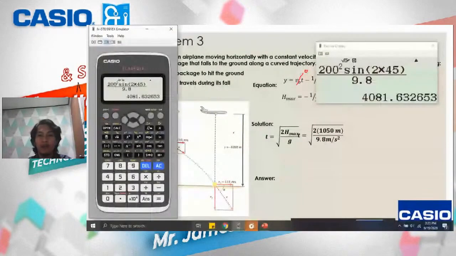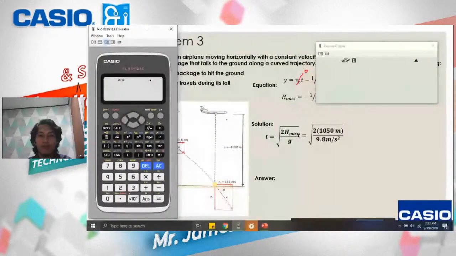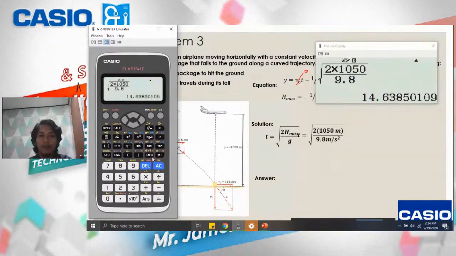So let's use our calculator. So square root and then fraction 2 times 1050, okay, over 9.8 meters per second square. Our answer is 14.64 seconds. Okay?